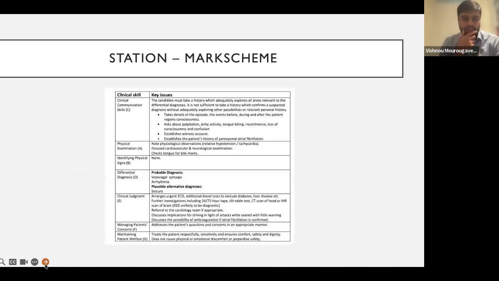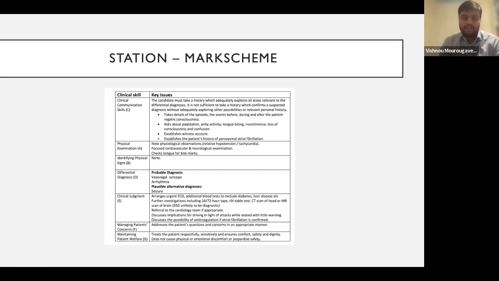So no questions. I'm just going to show you the mark scheme for this. And what I want to emphasize is the reason why these stations are so important is because it covers every single clinical skill. So if you get borderlines or lose marks on this, it really does start to hit your overall score. And you can see because of the way the station is structured, you're going the clinical judgment, for example. This is one of the best stations to address that.